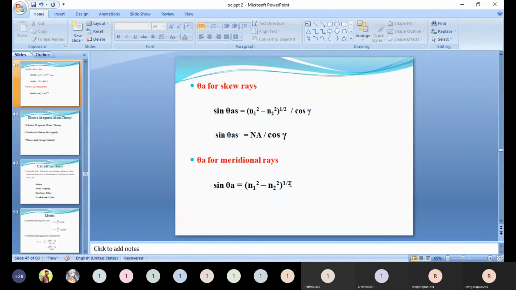And here, for these skew rays, shall we go on and do one problem? Yes, sir.